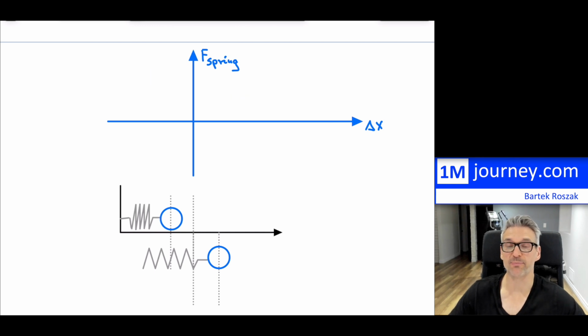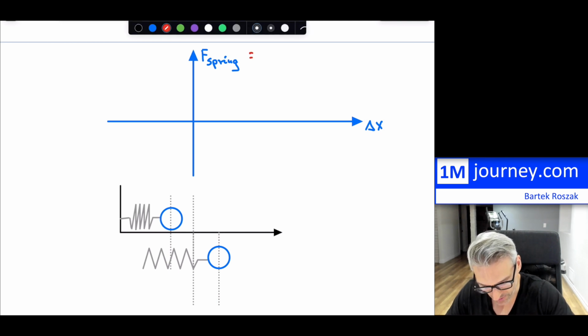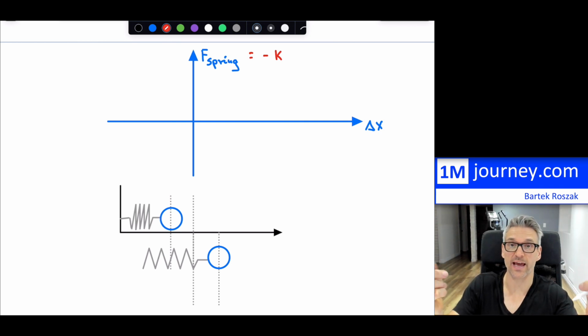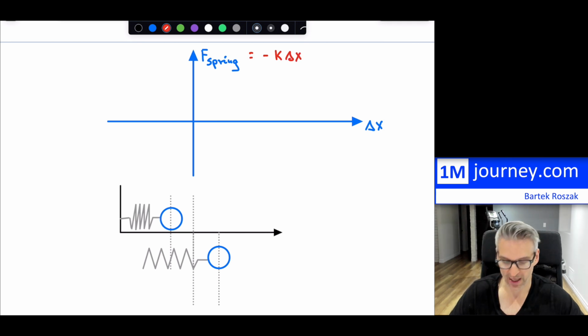And now, due to Hooke's law, we know that this force is equivalent to negative k, where k is a property of the spring, times the displacement, so it's proportional to the displacement.